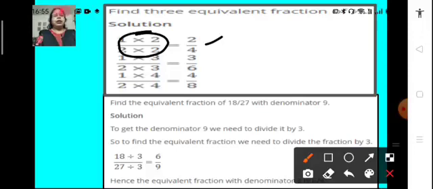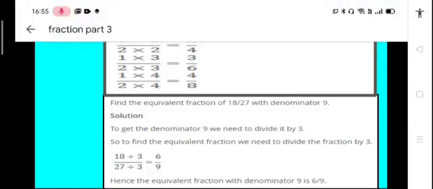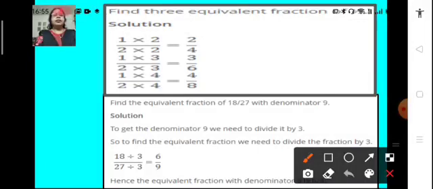Similarly, if we multiply both the numerator and denominator by 3, we get 3 upon 6. If we multiply both by 4, we get 4 upon 8. So these are the equivalent fractions of 1 upon 2. 2 upon 4, 3 upon 6 and 4 upon 8 are the equivalent fractions of 1 upon 2.